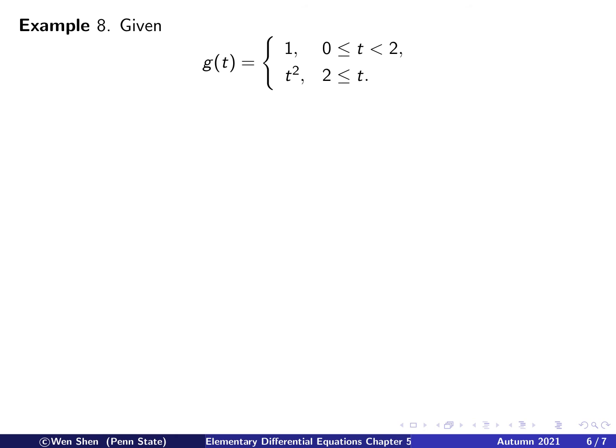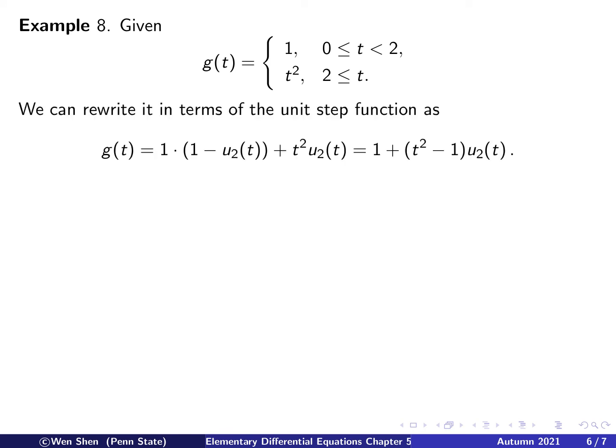Okay, so let's take one more example, which involves a bit more manipulation. The function here, call it g of t, is 1 on the 0 to 2 interval, and then for t bigger than 2, it's t squared. Okay, so let's write it using step functions.